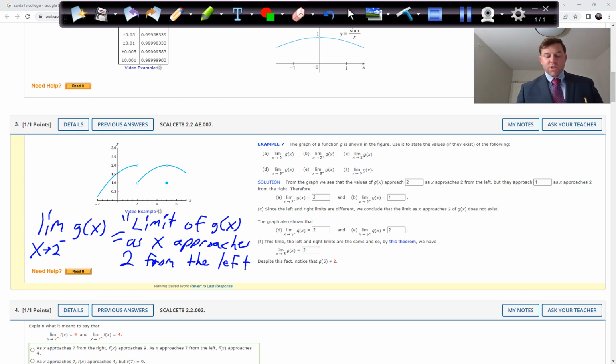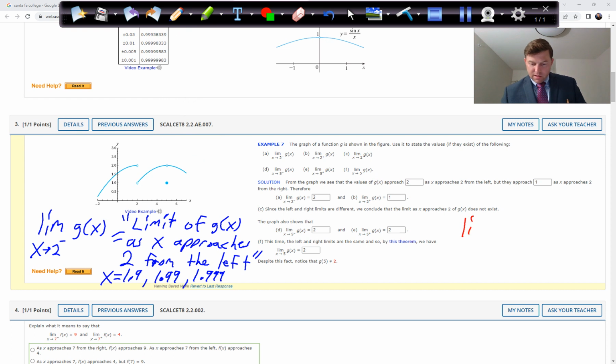Which is to say, smaller numbers than 2. So your x values are going to be like 1.9, smaller than 2, 1.99, getting closer to 2 but not quite 2, 1.999, etc. But then there's another limit that reads like this. The limit of g of x as x approaches 2 plus sign. Well, this is all the same words except it's going to be 2 from the right.